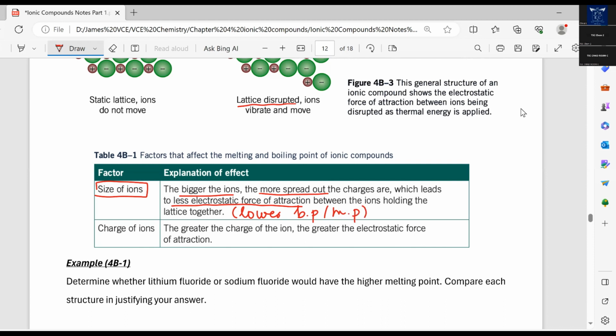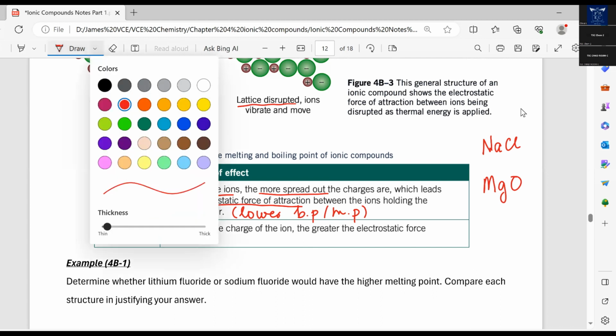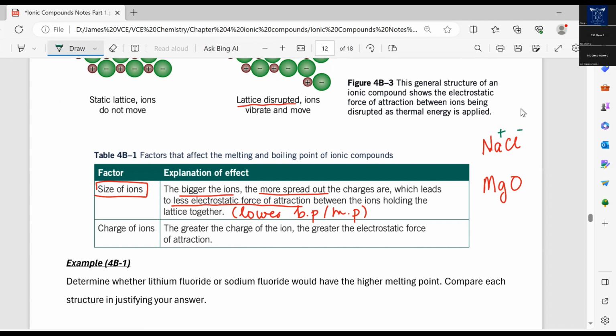Charge of ion. Okay, for example, if I compare NaCl with MgO. NaCl is formed between Na+ and Cl-, but MgO is formed between Mg2+ and O2-. Which one do you think will have a higher melting point?